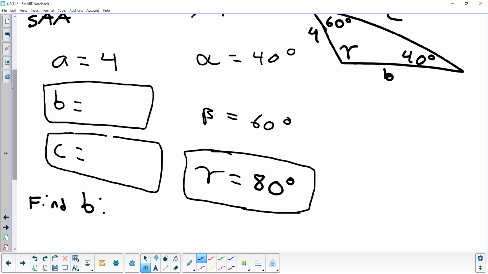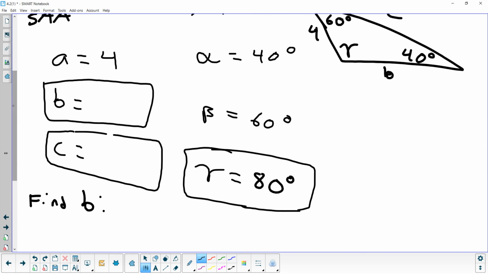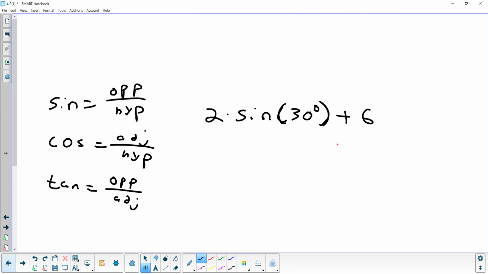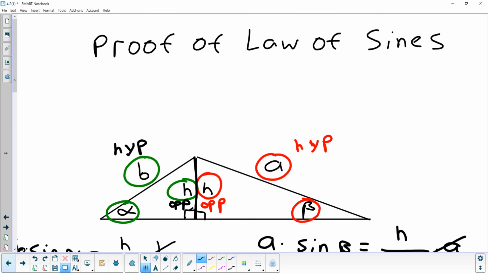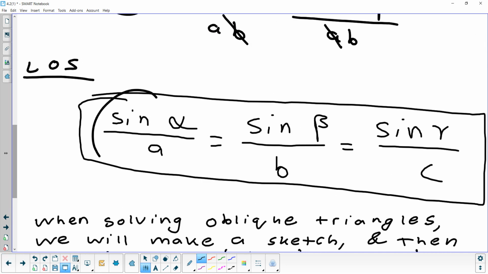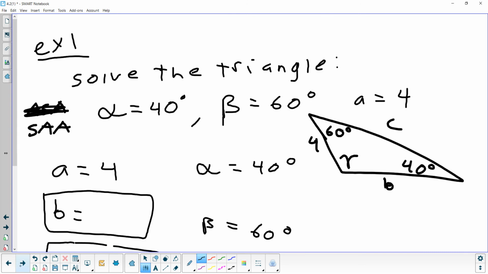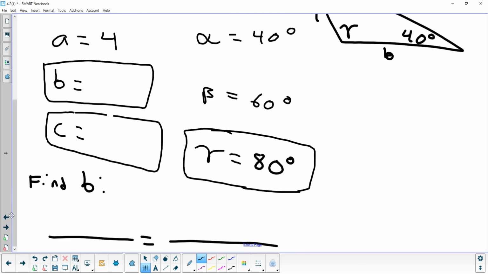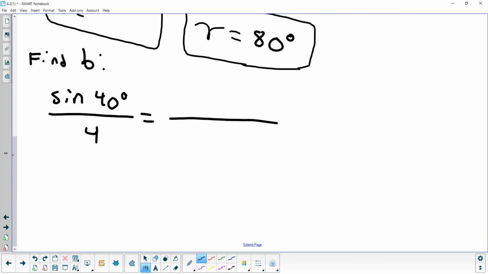Yeah, row A. So we're going to use row A, and I'm going to plug in these two numbers, the 40 and the 4, right into this formula right there. So it's going to be sine of 40 divided by 4. Let's start with that. Sine of 40 divided by 4.